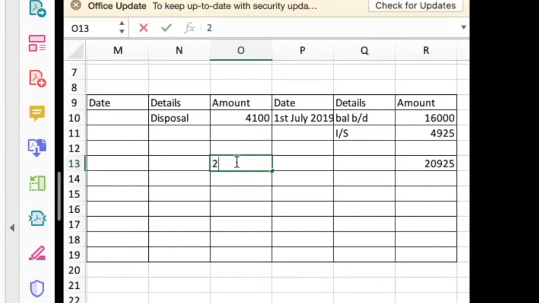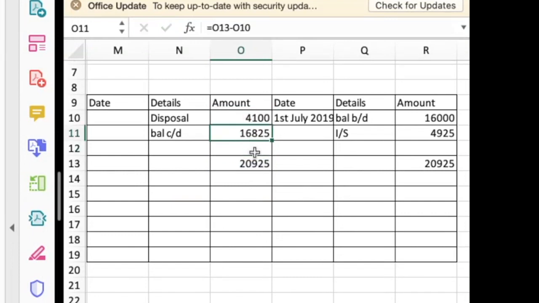Now, what is the value here? It will be the same, 20,925, but the balance which will be carried down will be this minus this.